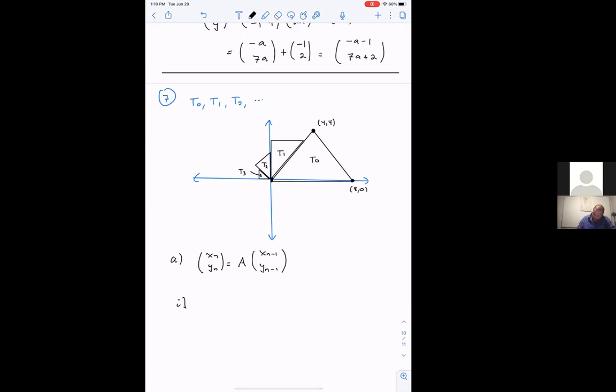And of course, the origin is (0, 0), which makes this triangle, let's see, okay. And at this point here, this is the important part here. This point right there is (0, 2). And this point here is (-1, 1).